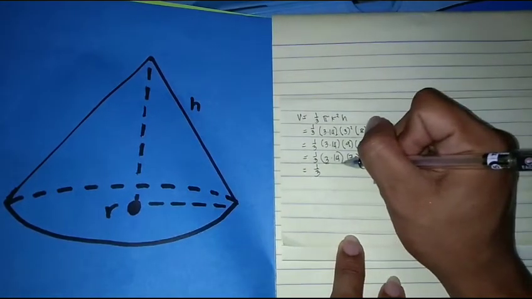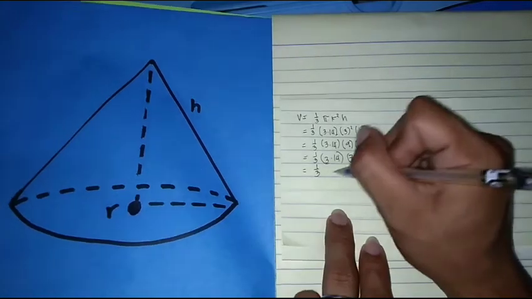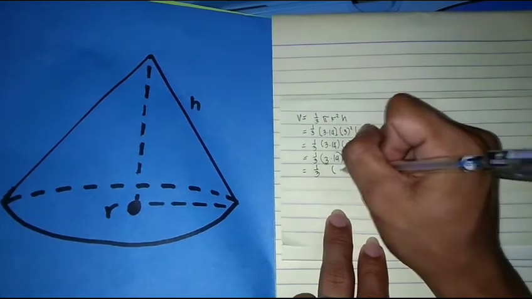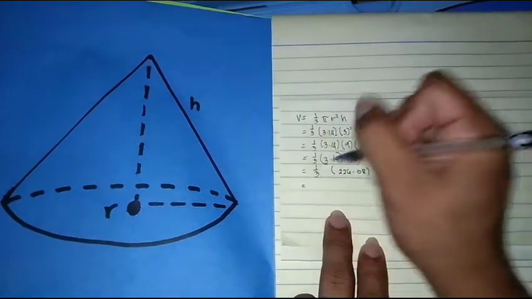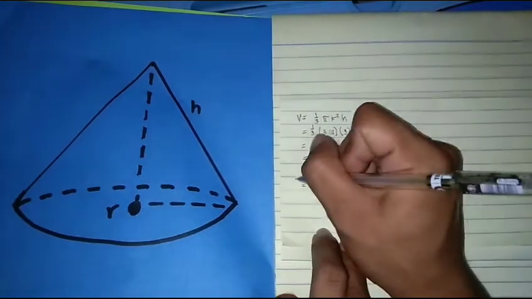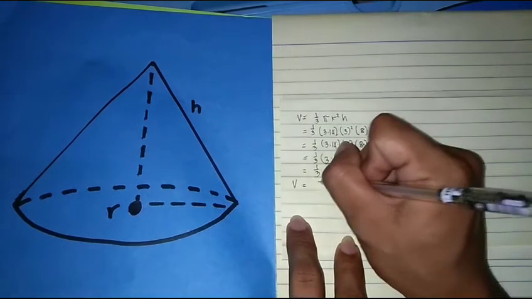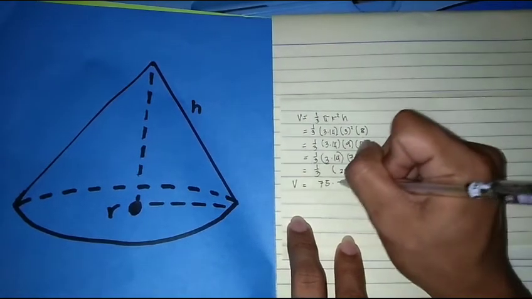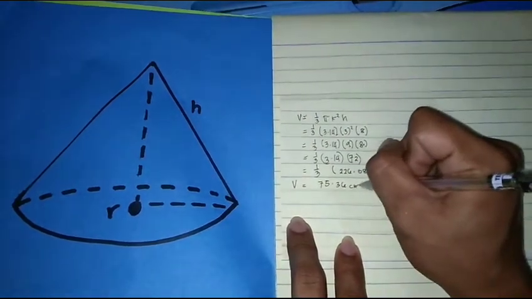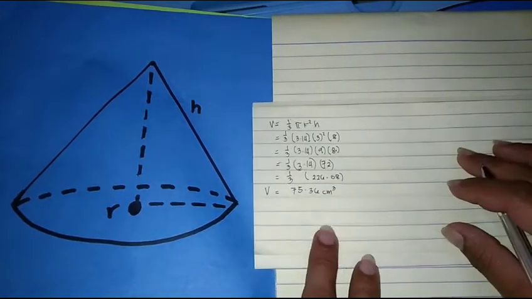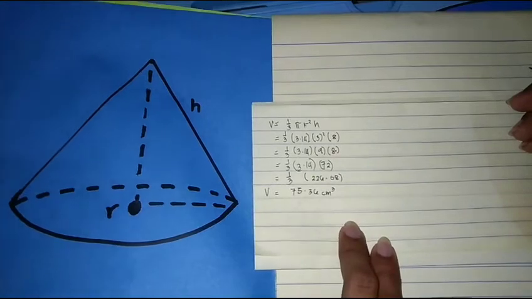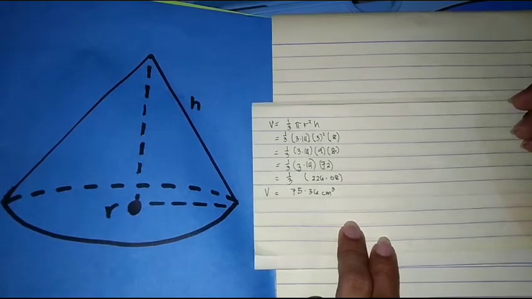Multiply the 3.14 by the 72 to get the product of 226.08. Divide by 3 to get the exact value of 75.36 centimeter cubed.